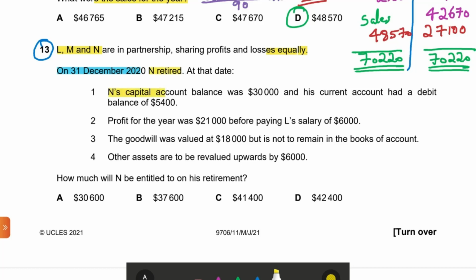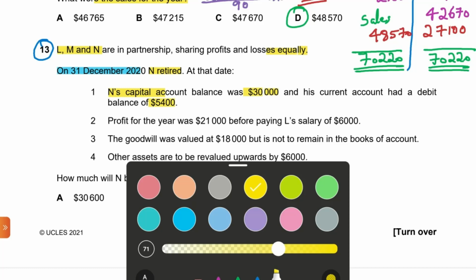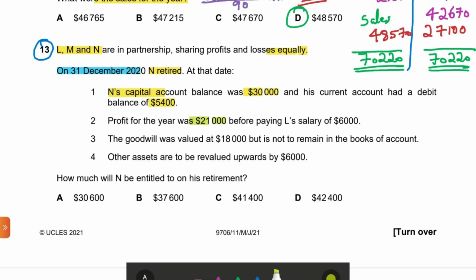N's capital account is 30,000 and his current account has a debit balance of 5,400. Profit for the year was 21,000 before paying L's salary of 6,000. The goodwill was valued at 18,000 but does not remain in the books. Other assets are to be revalued upwards, an increase of 6,000. How much will N be entitled to?